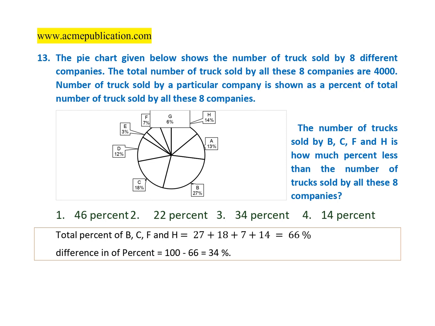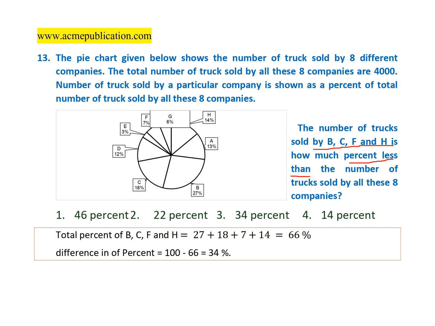The number of trucks sold by a particular company is shown as a percent of total number of trucks sold by all 8 companies. The number of trucks sold by B, C, F and H is how much percent less than the number of trucks sold by all 8 companies?